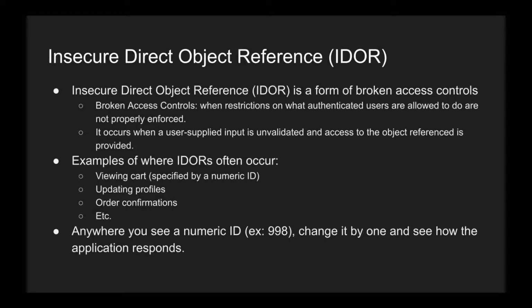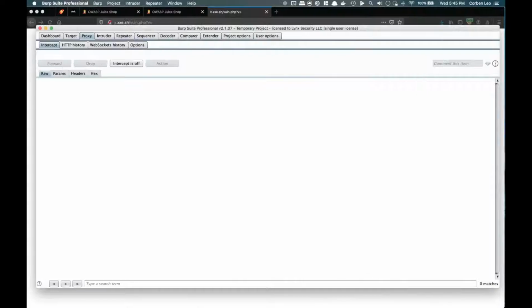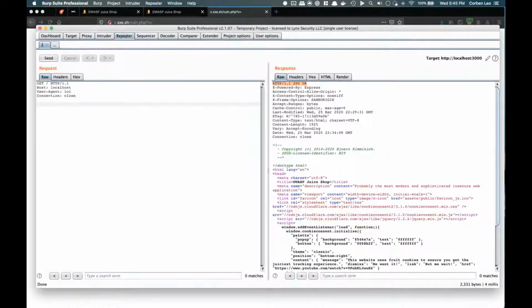For instance, I've also seen this in updating profiles on a website. Say you have a website where you can change bios. Say there's two parameters, like bio, and then you have your bio text here, and then you have your user ID.